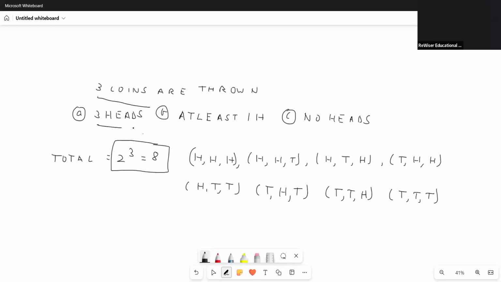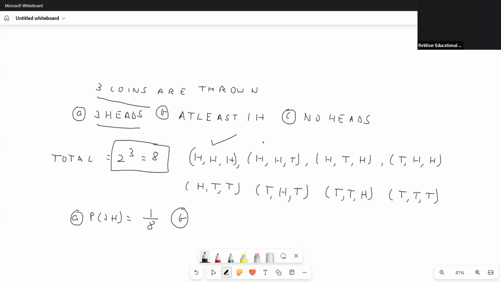Now they say find the probability of 3 heads. Out of this sample space, which has a total of 8, we have 1 favorable event to get 3 heads. That means the probability of 3 heads is equal to 1 by 8. Now, for part B, we say at least 1 head.